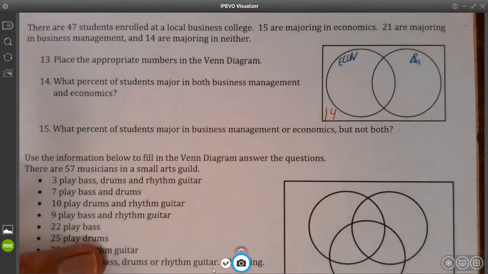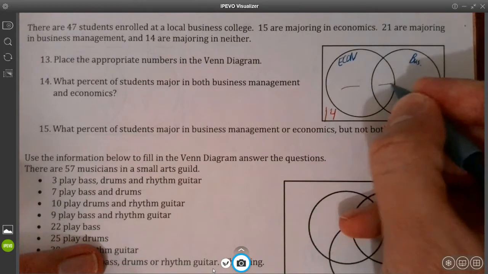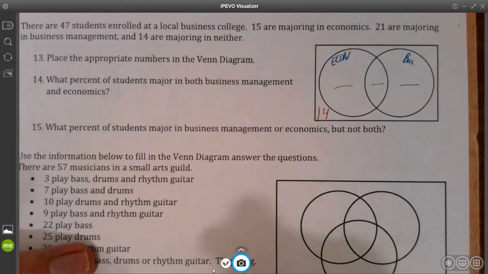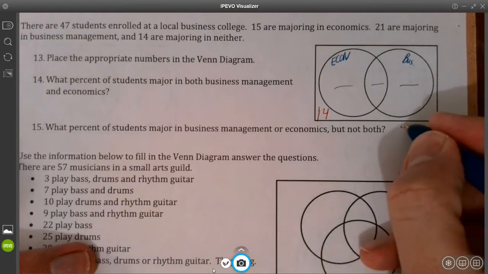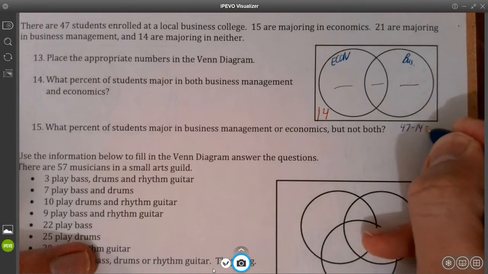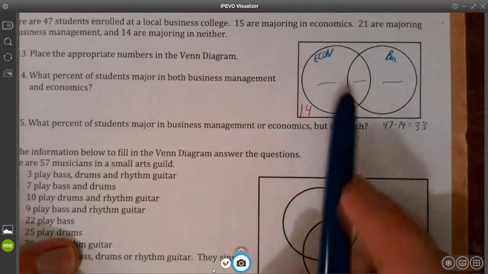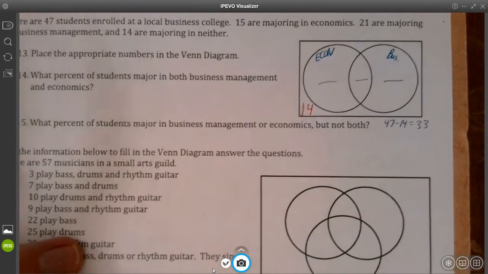There's 14 people right there. They're outside the econ. They're outside the business world. And that means that this number and this number together add up to 47 minus 14, which I do know, 33. So this 33 is all three of these together, okay?